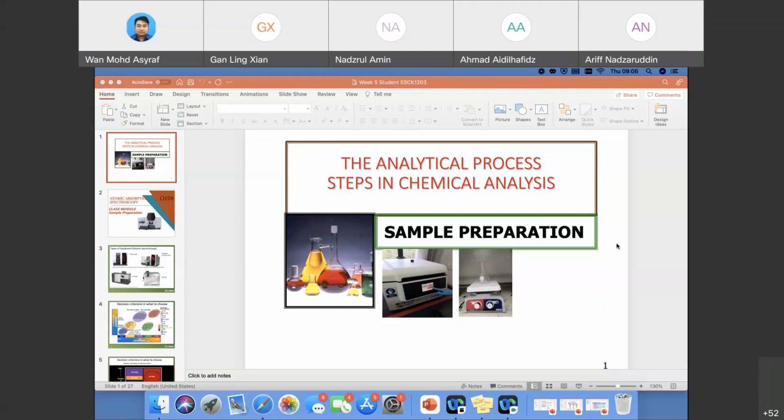Aidil Hafiz? Tak ada. Dengar tak? Dengar. So, for what kind of instrument kalau inorganic analytes? Emission ke apa? Saya tak dengar apa? Emission.